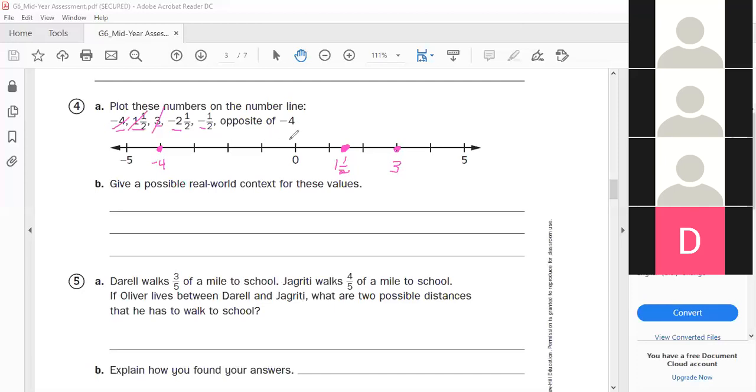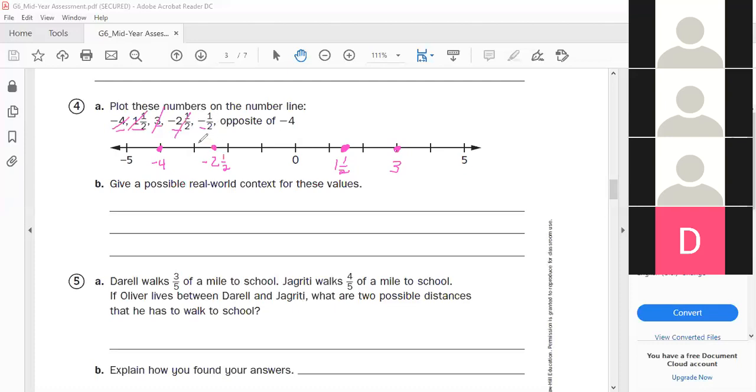Left. Good. You said it goes over here, but which side am I putting it on? The left. Good job, that is correct. -2.5. Perfect, because this is 0, -1, -2, -3, and -2.5 is in between -2 and -3. So yes, Demetrius is correct.